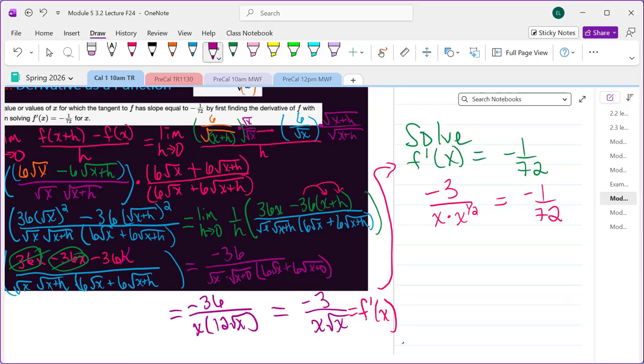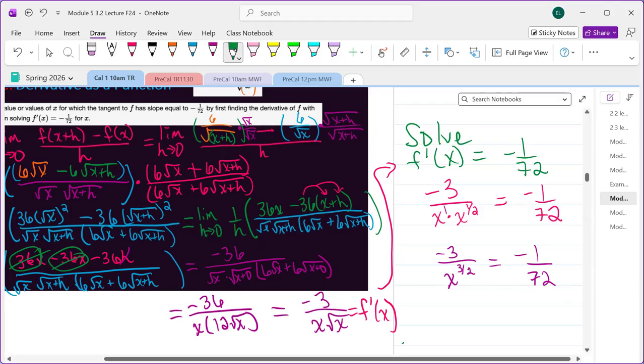I know my x has an invisible 1 as a power. So what happens to these x's here? x to the 1 times x to the 1/2. What can I do with the powers? These are close enough to add, not close enough to multiply. So we have negative 3 over x to the 3/2 equals negative 1/72.